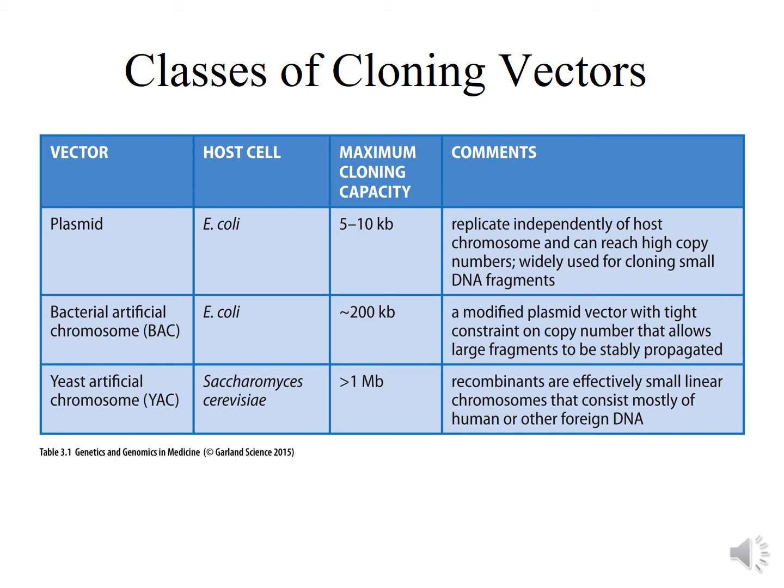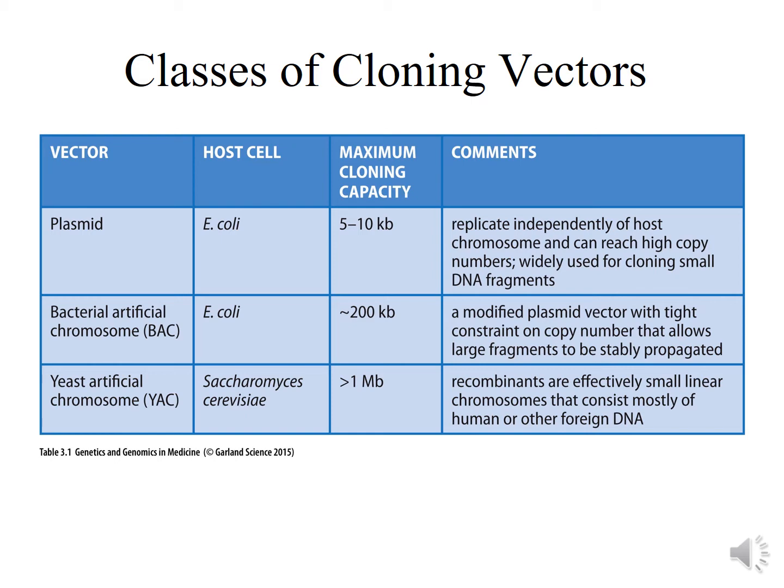They have maximum cloning capacities of anywhere from 5 to 10 kb, depending on which type of plasmid is being worked with. The name plasmid is sometimes used interchangeably with the word vector, so plasmid and vector often are referred to in the same context.